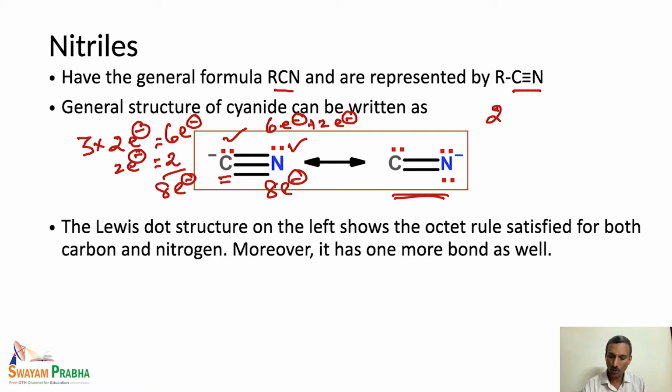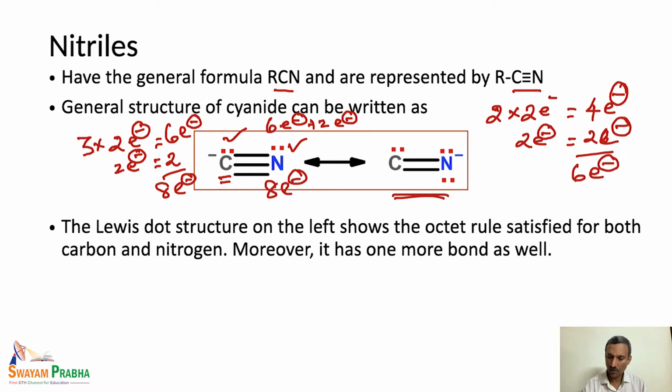So 2 bonds is 2 into 2 electrons equal to 4 electrons, and there are 2 electrons on carbon. So in total, we have 6 electrons only on the carbon atom. So this is not following the octet rule.